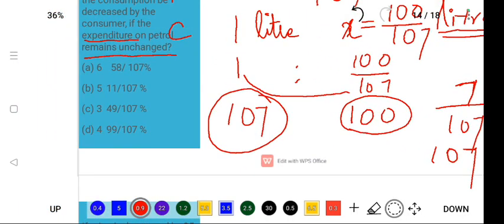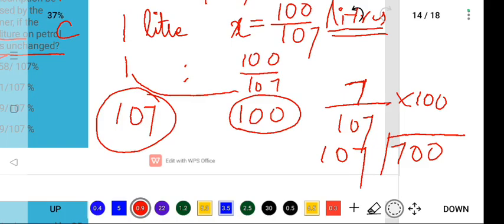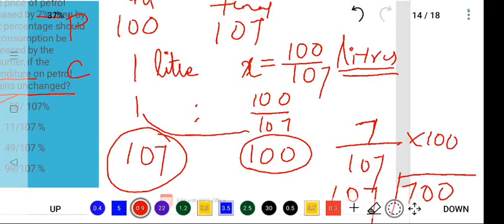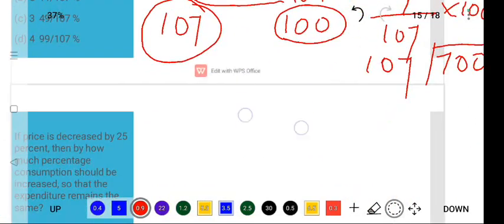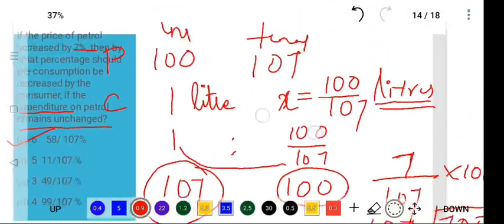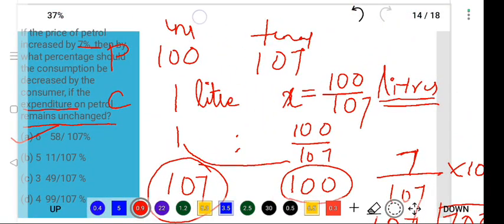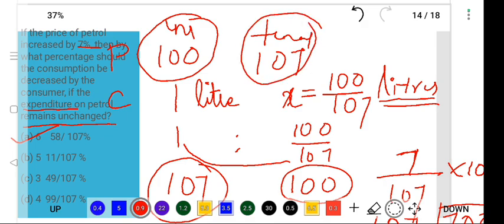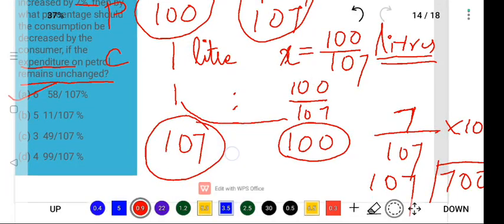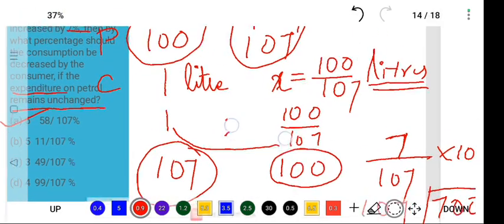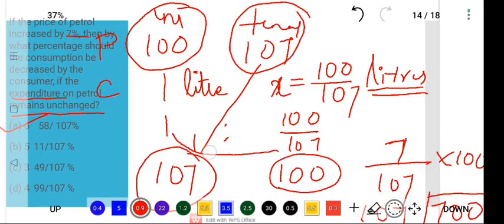So the answer will be 6. We don't have to find the accurate value. From this sum you know that the initial and final prices are in the ratio 100 is to 107, so the consumption is in the ratio 107 is to 100. So this is inversely related. From the next sum we are going to solve these sums with this method.